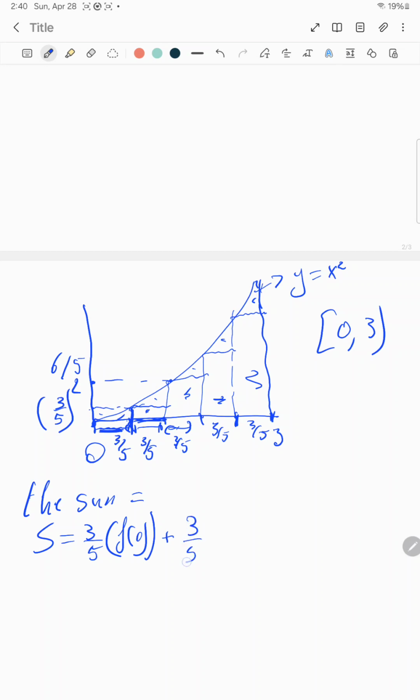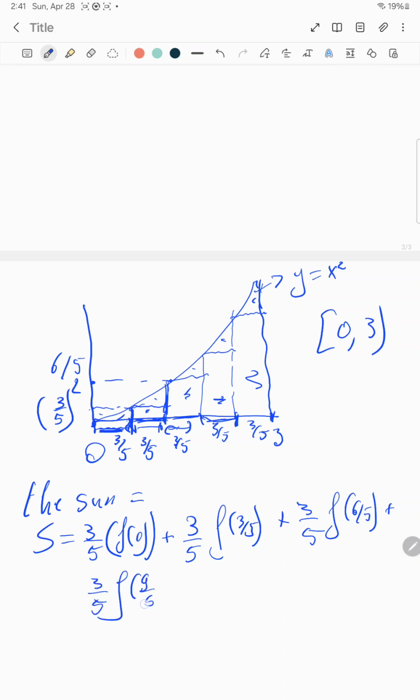So 3 over 5 multiplied by f of 3 over 5, plus again the distance here is 3 over 5, multiplied by f of 6 over 5, plus the distance here is 3 over 5 multiplied by f of 9 over 5, because the x that is here is 3, 6, 9 over 5.